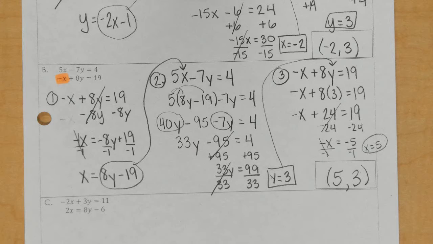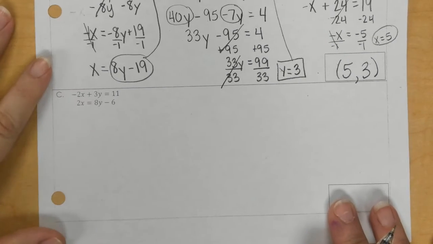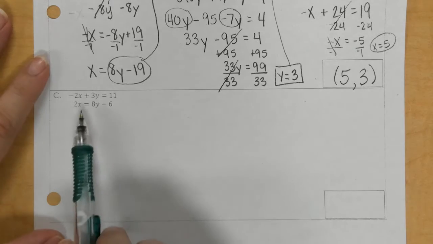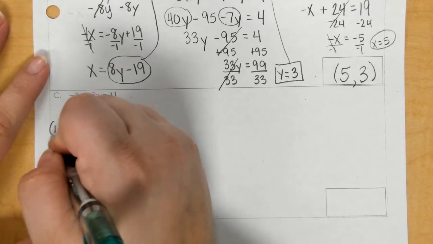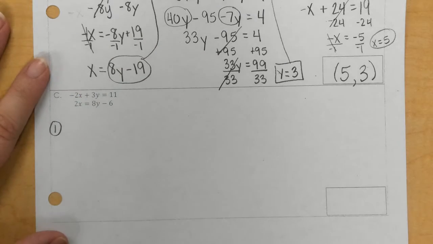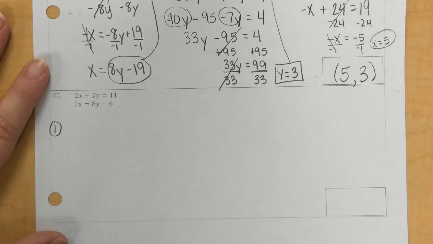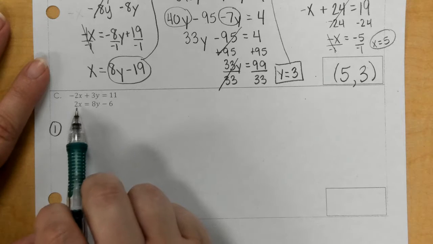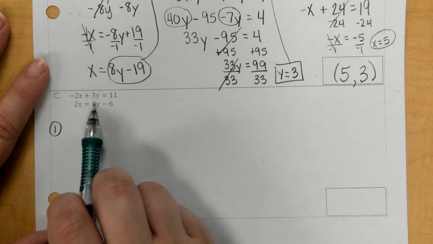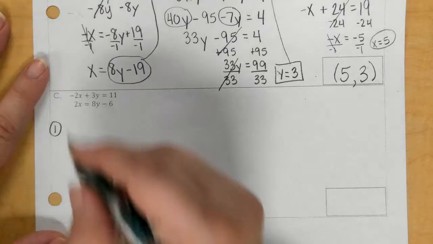All right, the last one there, letter C. Okay, step 1. Do we have an equation with x or y by itself? No. But if you look at the second equation, we could divide everything by 2 and get x by itself.